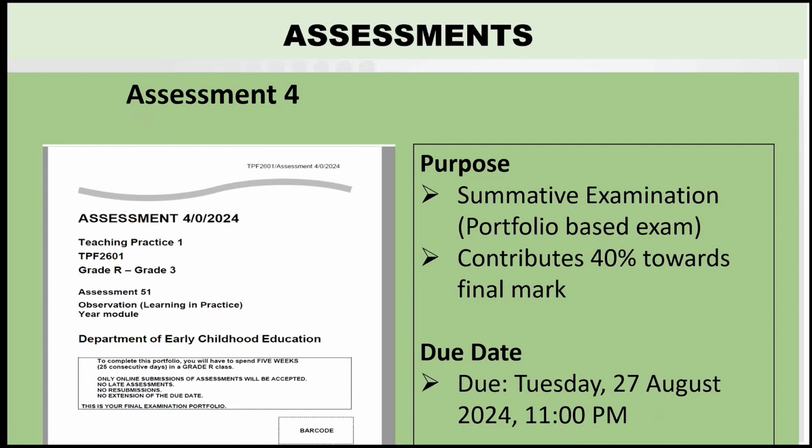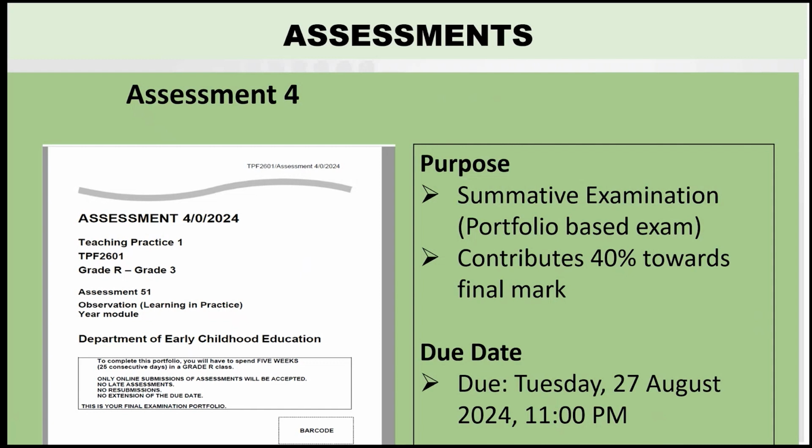So when we make our calculations, we have portfolios, which is assessment 3 and 4. They contribute 80%. And we have assessment 1 and 2. They contribute 20%. And together for the 4 assessments, you have 100%.